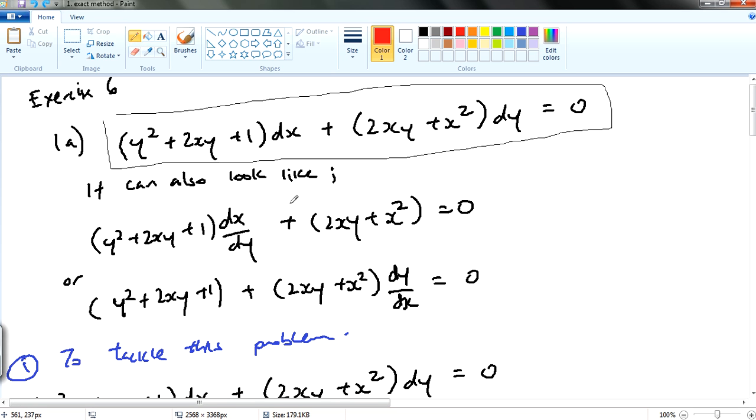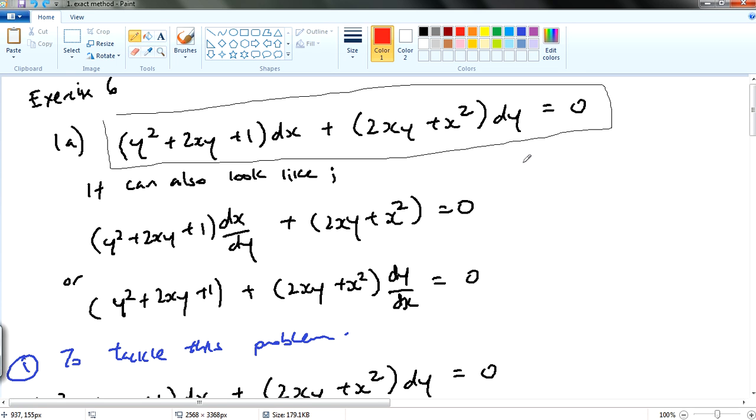If you want to make it exact, one way is to multiply the whole equation by dy, and for this case, by dx. If you multiply dy into it, you cancel away dy over here and you times dy over here, which is the same as this. So with dx also, you get this. Another thing is that it may not be exactly 0.